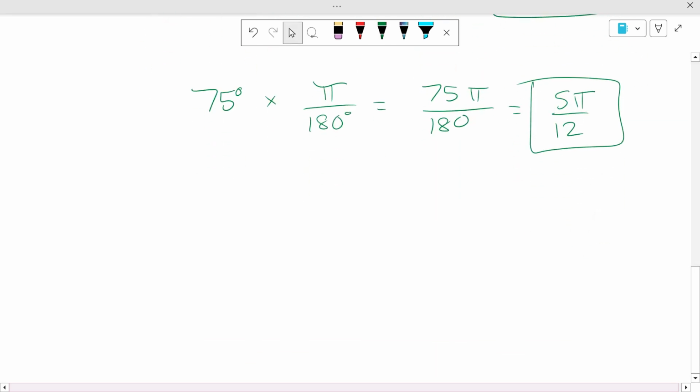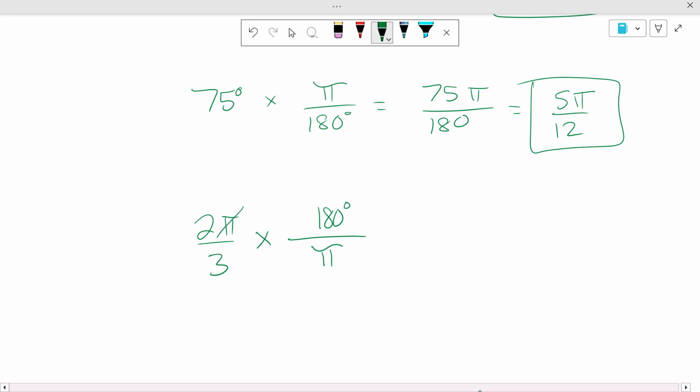What if we go from radians to degrees? What if we're at, let's say, 2 pi over 3 radians, and I want to know how many degrees that is. Well, to figure out how many degrees, I'm going to put radians on the bottom and degrees on the top.